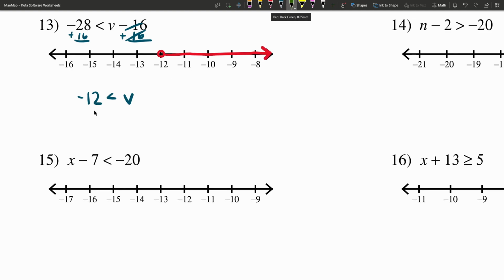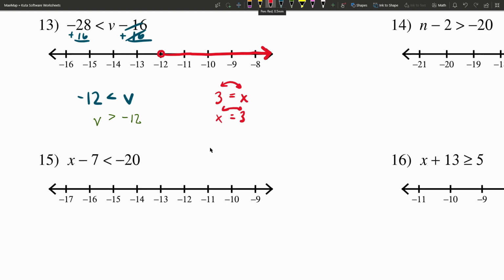Think about writing this inequality a different way. If negative 12 is less than v, that means that v is greater than negative 12. All those values greater than negative 12, or all the values shaded to the right. And I can write this inequality this way or this way. Either is fine. All I did here is, just like an equation, if we were to have, let's say, 3 equals x, I can simply say x equals 3, right? We can switch those. They mean the same thing.